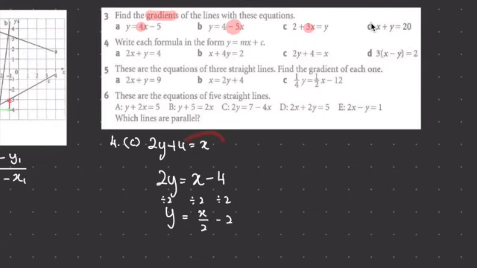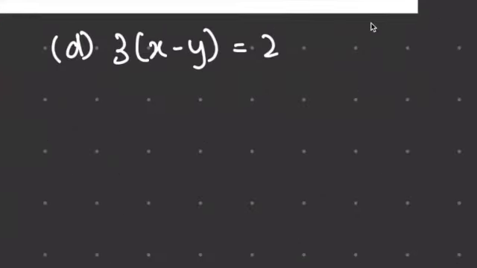Okay. Go to D. 3 x minus y is equals to 2. Okay, there are 2 ways you can go about, but try your best not to expand the equation. It means that I'm going to take this 3, since it's a multiplication here, I'm just going to bring it over and make it into a division. I'm going to divide by 3 here, divided by 3 here.